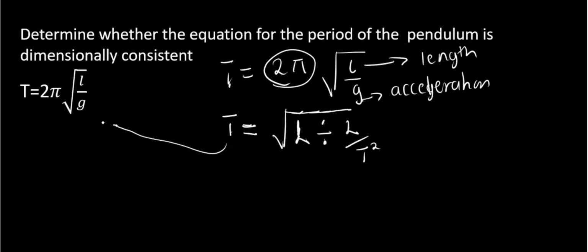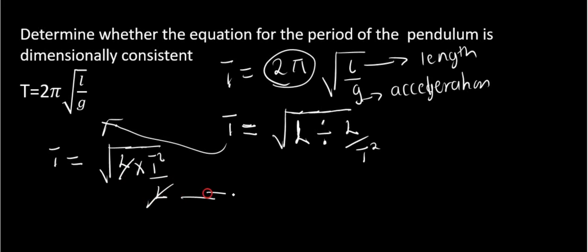So I'll write from this side, meaning it will be T equal to the square root of L times t squared over L, meaning that this L and this L cancel. Then you remain with 1 times t squared, like that.